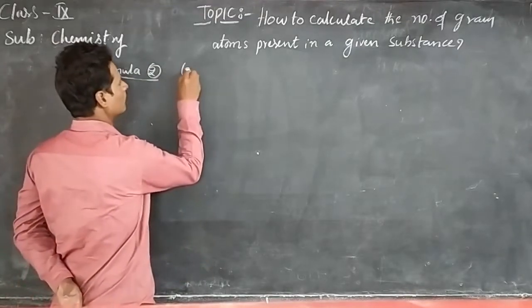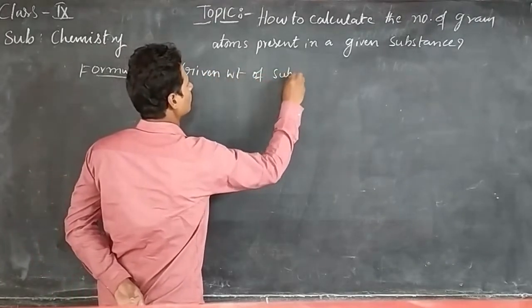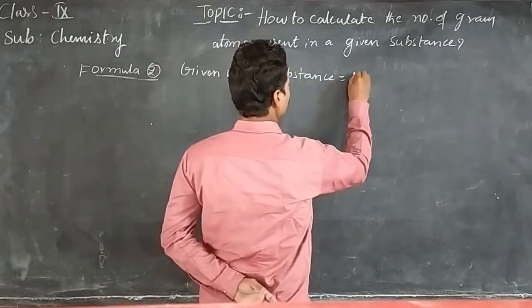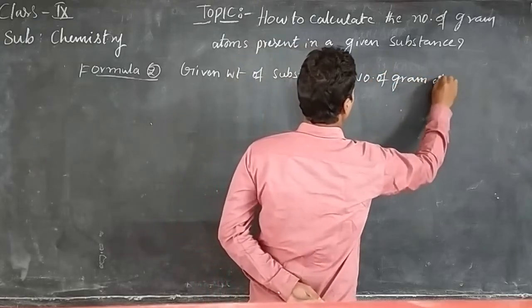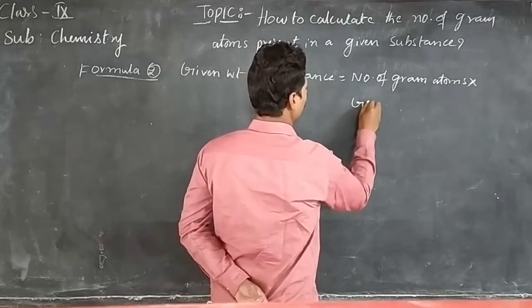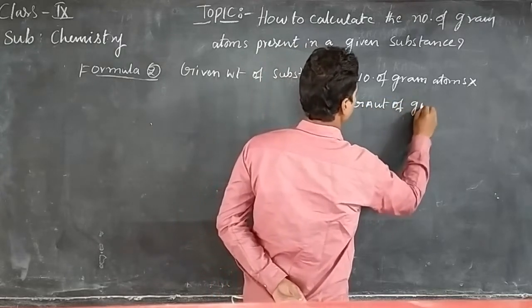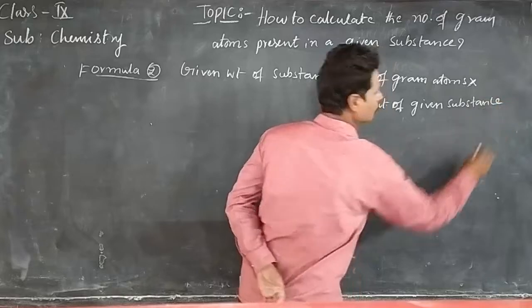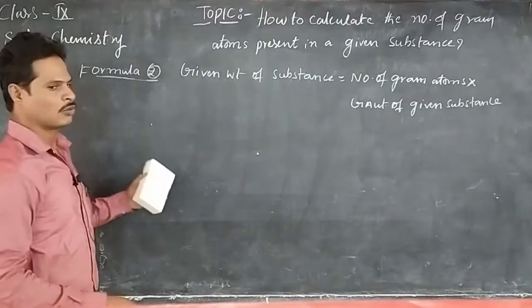We know that given weight of substance equals number of gram atoms into gram atomic weight of the given substance. This is our formula.